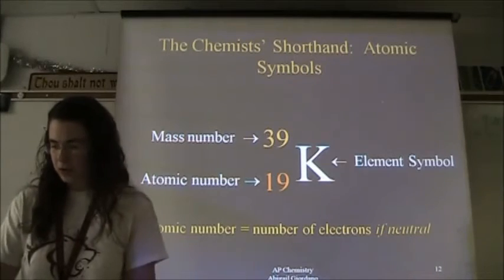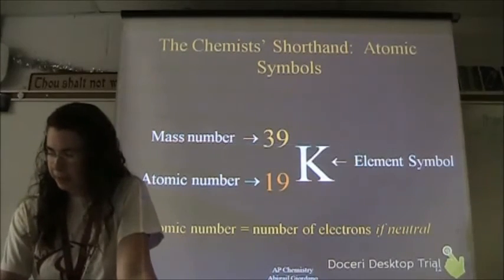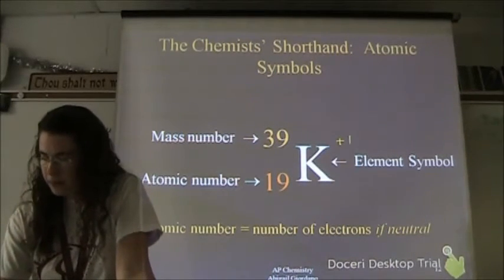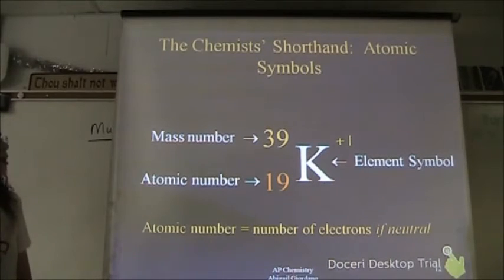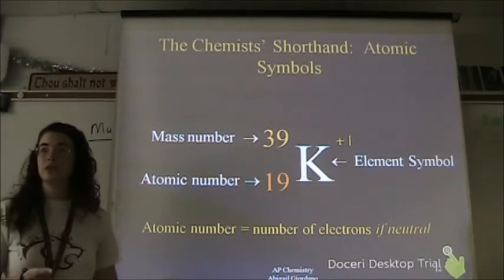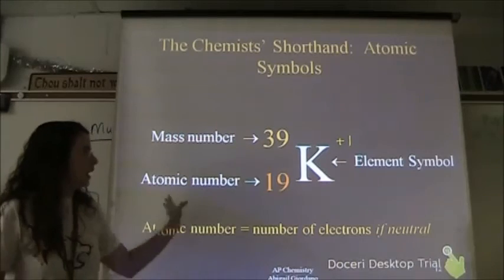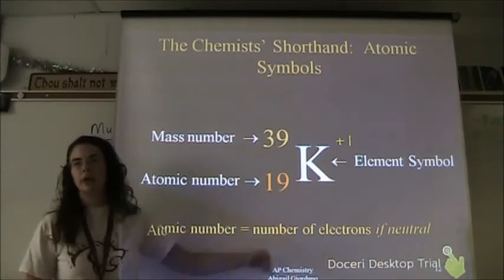So, potassium, for example, carries a +1 charge. Anything that has a positive charge means what happened? It lost electrons. And specifically, this one, how many did it lose? Just 1. It had 19, now it only has 18.